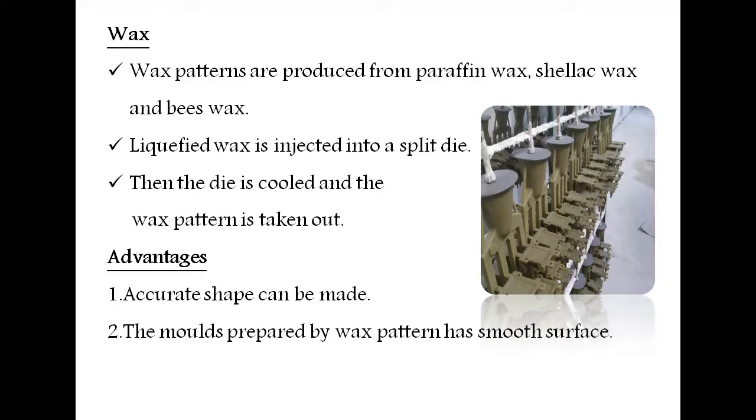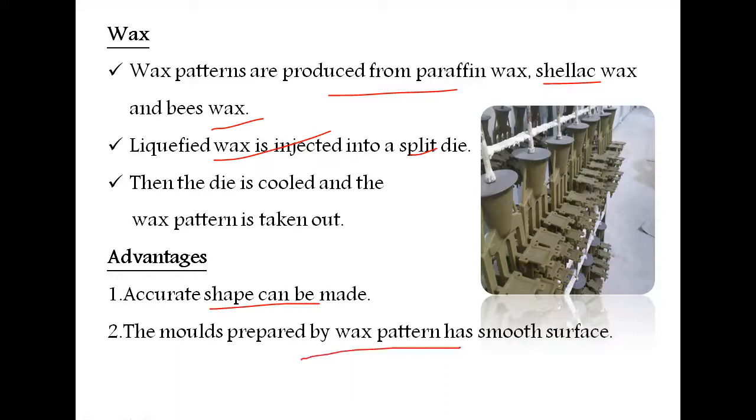Wax. Wax patterns are produced from paraffin wax, shellac wax and beeswax. Liquefied wax is injected into a split die. Once the die is cooled, you take the pattern away from the molded die. The advantage is that an accurate shape can be made.